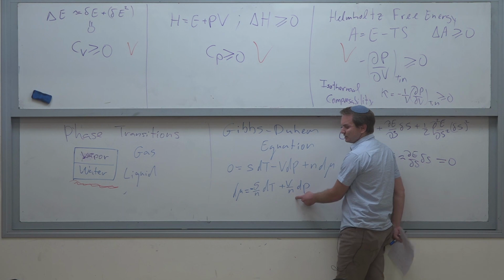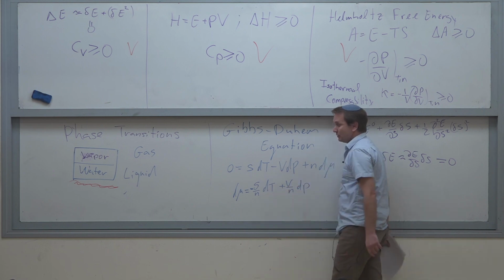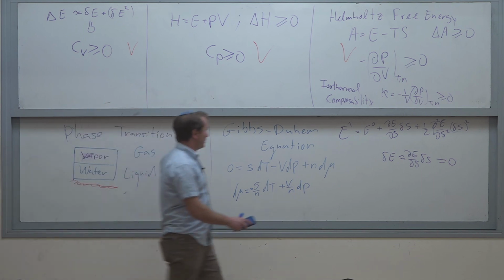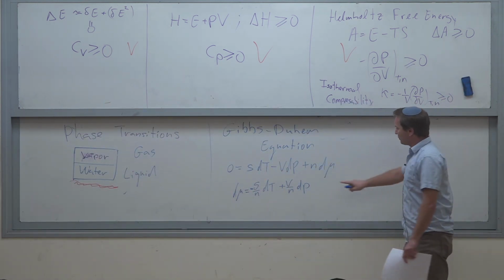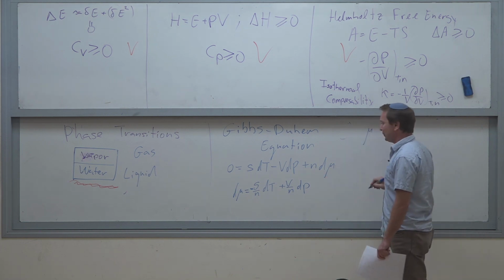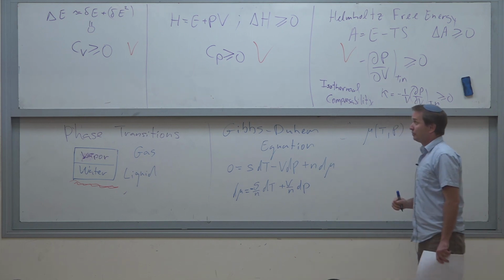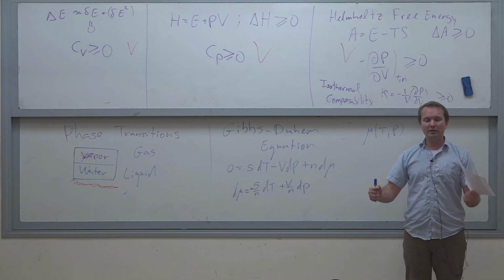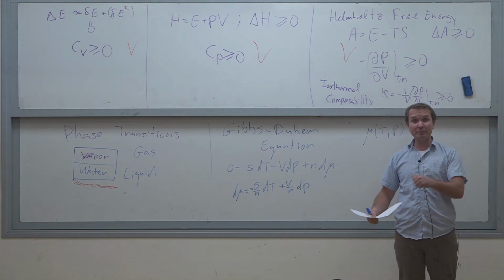V divided by N is simply density, and S divided by N is entropy per molecule, or per mole. Now, from this equation, I understand that mu is a function of T and P. The stability relations say that the temperatures are the same, the pressures are the same, and the chemical potentials are the same.